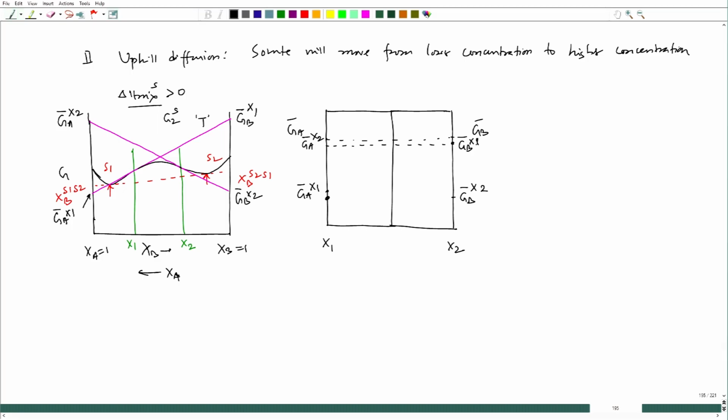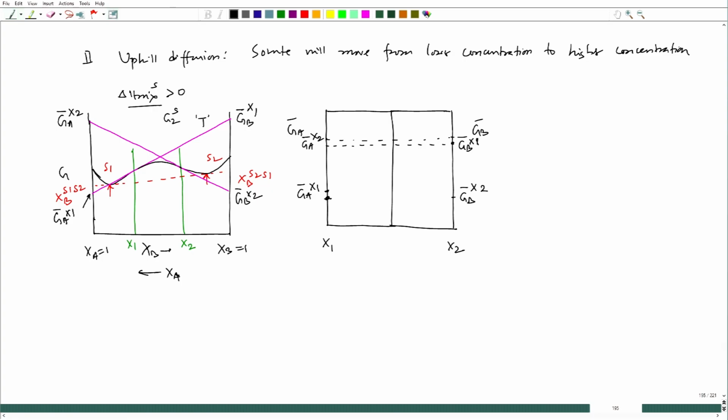Okay. G B bar x 1. So, now let us see the relation.